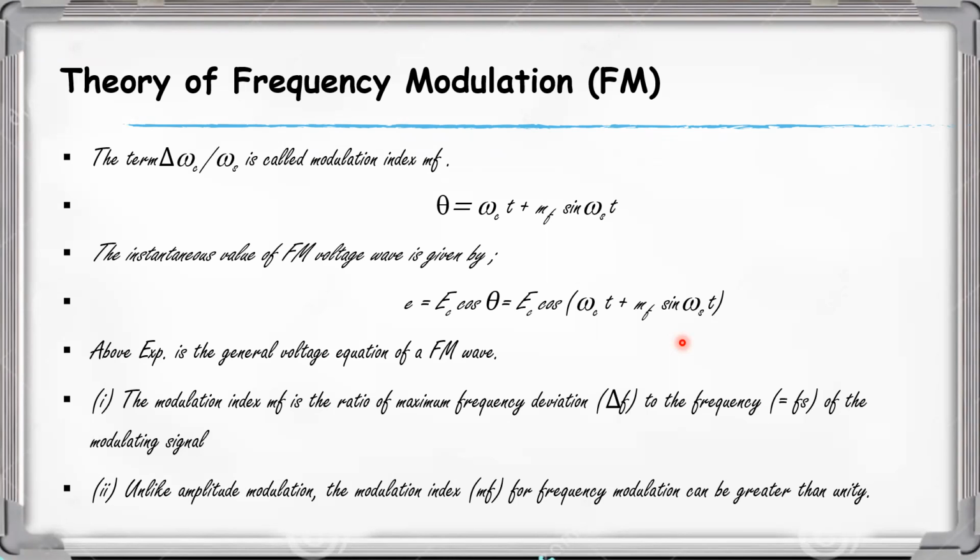In amplitude modulation, we restrict the value of the modulation factor to between 0 and 1. Modulation factor in the case of AM cannot be greater than unity for a good modulation, but here the modulation index mf can be greater than 1.